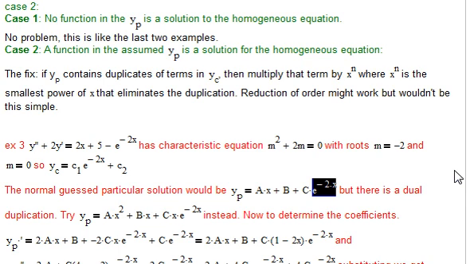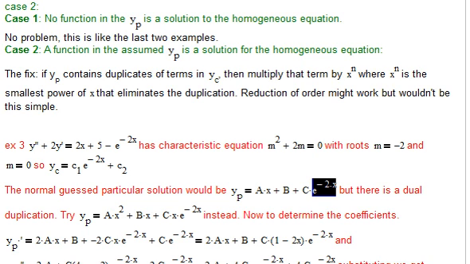There's a real problem here. There's a duplication, because look, we've got a problem with this because that is a constant. It's part of our y_c. Well, there's another constant right there, part of our y_p. That's not good. Here's another problem. Look, constant times e to the negative 2x.